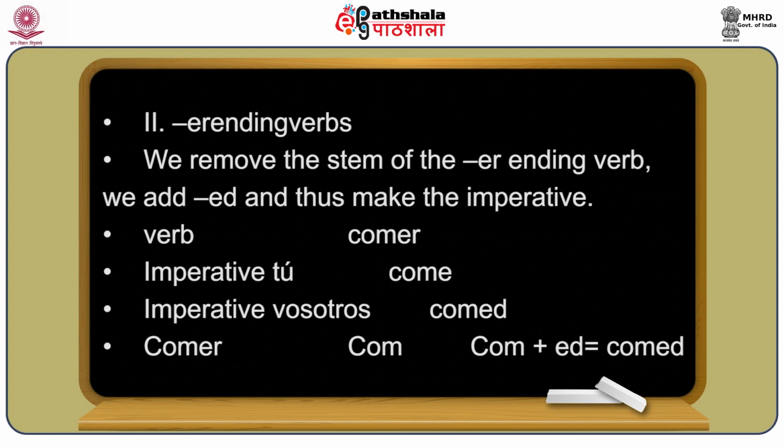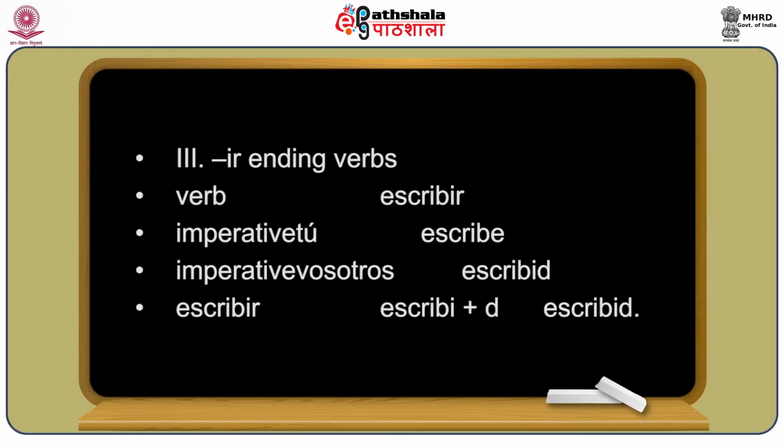Or in another way we say that we remove R and add D, so comer will become comed, which will be the imperative in vosotros form. This rule also applies to all the verbs which end in ER. Same way, for IR ending verbs, we simply remove the R and add D to the verb.